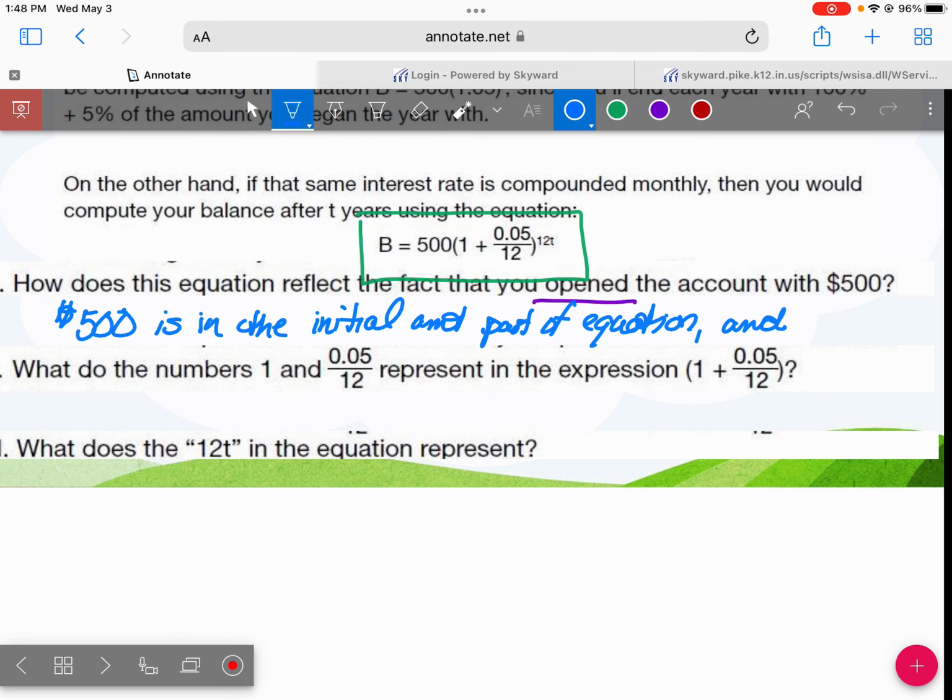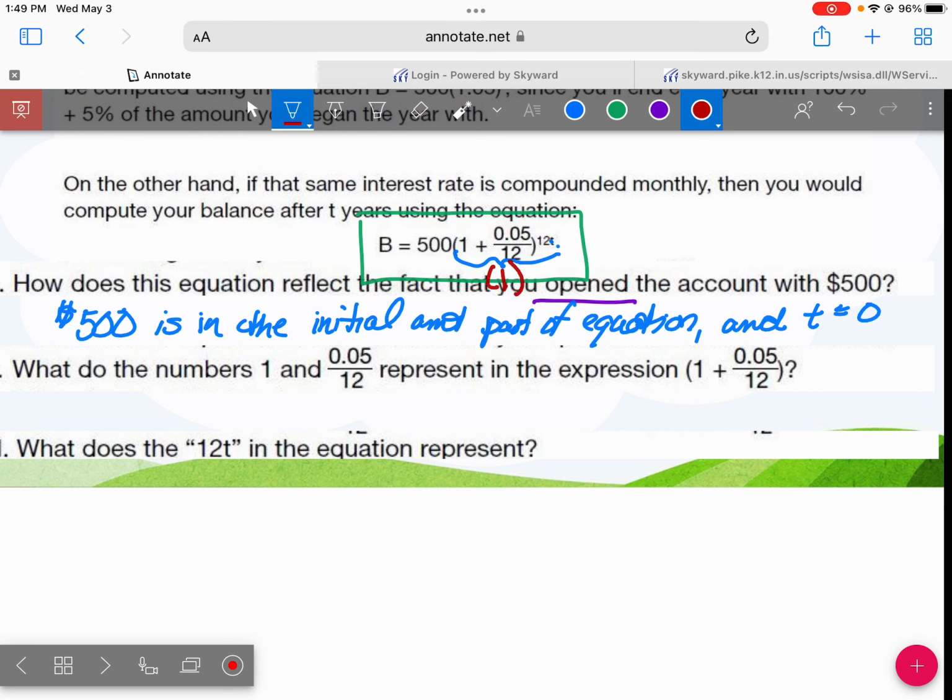If I am just opening the account, what would my T time be? 0. Yes. And T would be equal to 0, which in this case, 12 times 0 is 0. 1 plus whatever that is raised to the 0 power gives us what? Anything to the 0 power is... No, not 0. 1.